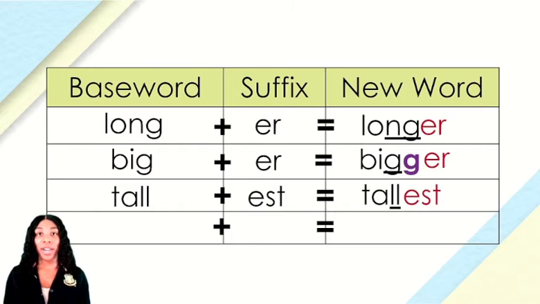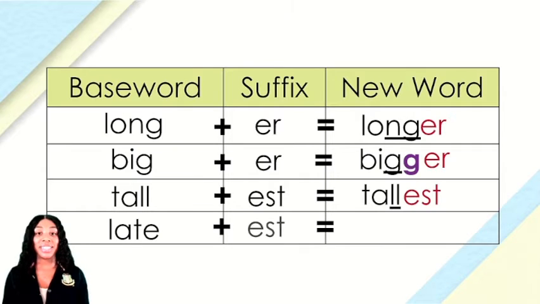Let's try one more. Our base word is late. Our suffix is est. When we put these two parts together, what new word do we make? Latest. Note that adding a suffix to late does change its spelling.